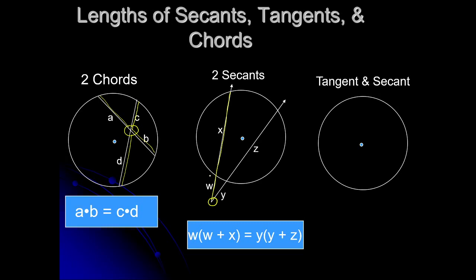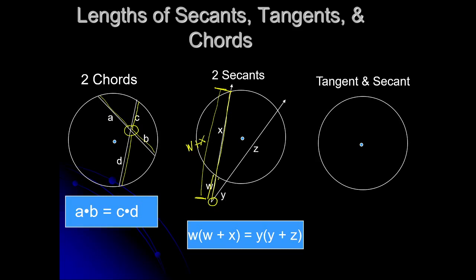Take note, this is the shorter segment, and this is the longer segment from the vertex. The shorter segment from the vertex, that's W. How long is the longer segment? W plus X.